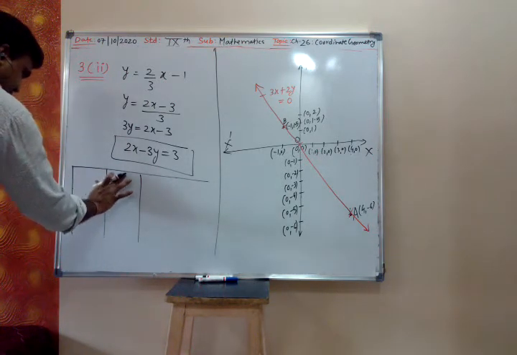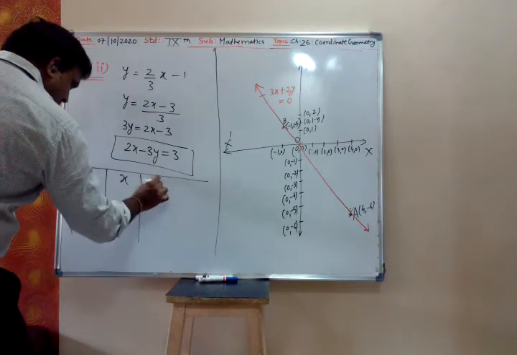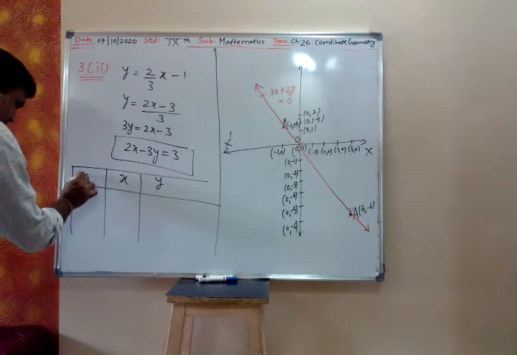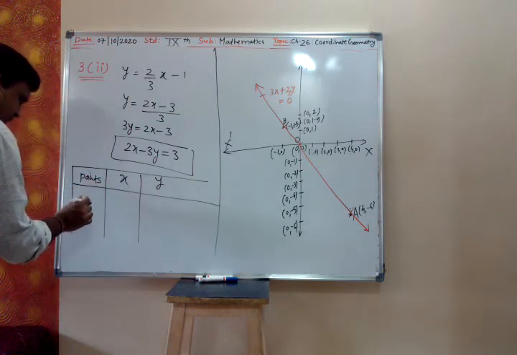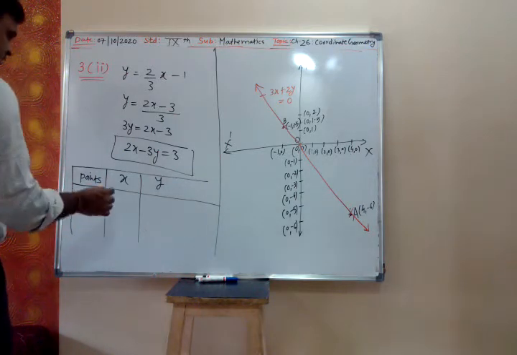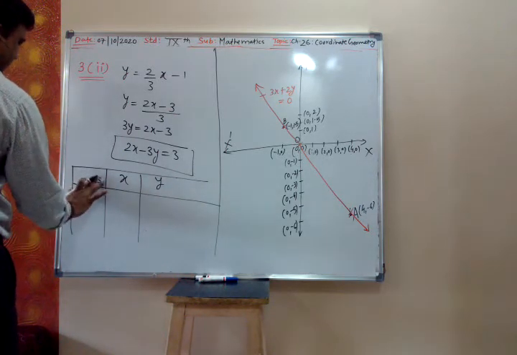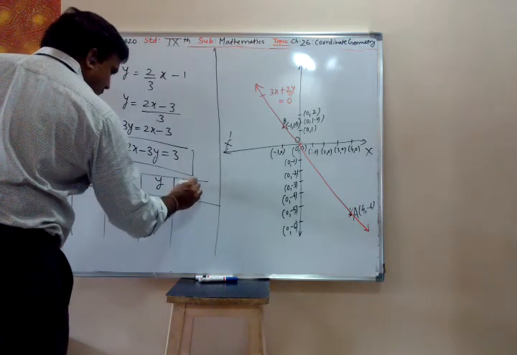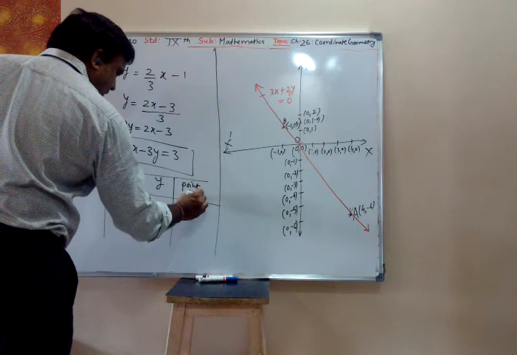First we write x, then we write y. Now we have the points. Let me write the point on this side: x, y and the point.